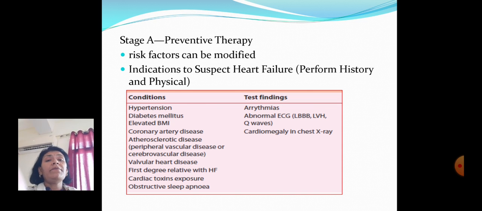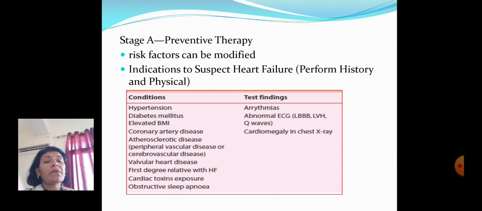Or when we do some tests, we find presence of arrhythmias, or the ECG is abnormal, like signs of LBBB, LVH, Q waves, or the chest X-ray shows cardiomegaly. These are the patients where we should suspect risk of heart failure, and here at this stage we should start preventive therapy.